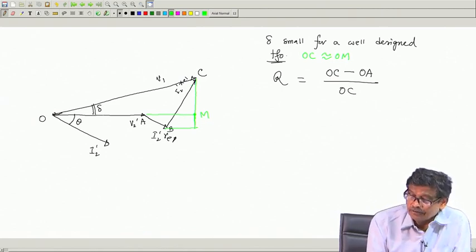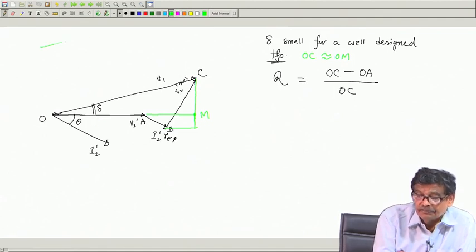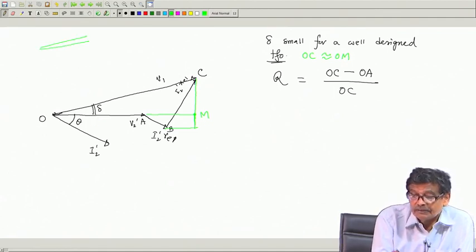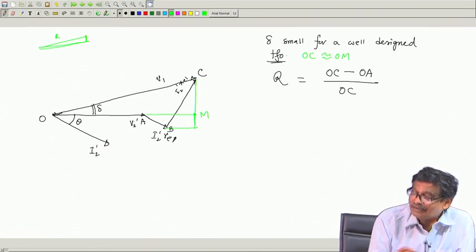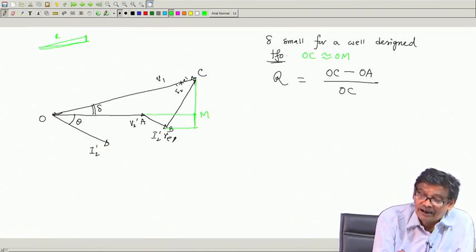Because delta is small, if the angle is small, this arc is r d theta, since if r is the radius these two lengths are almost equal, so r d theta is equal to d s, this length.